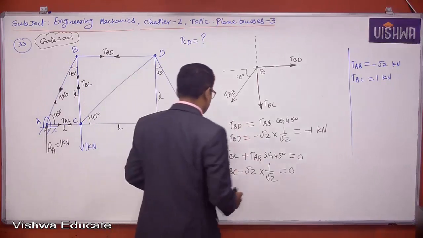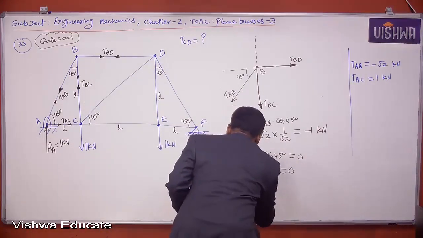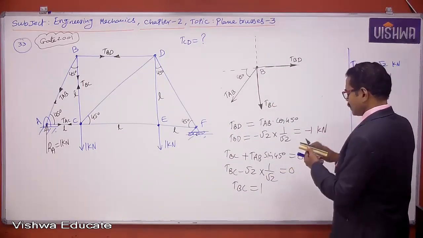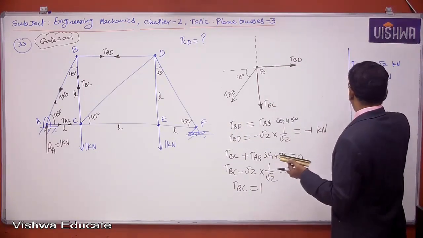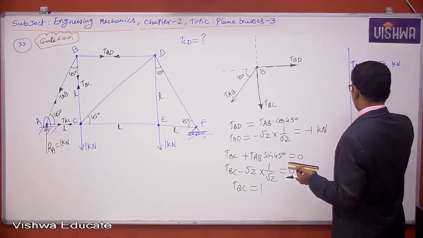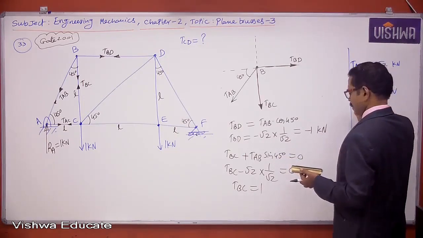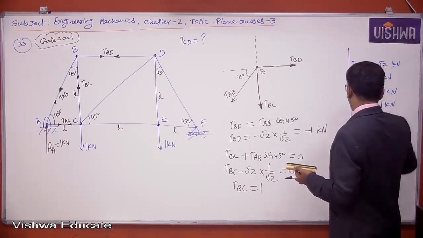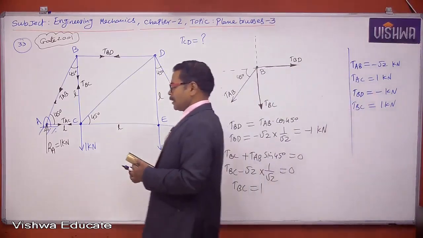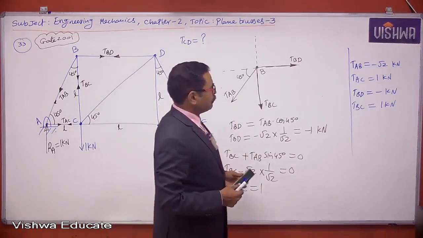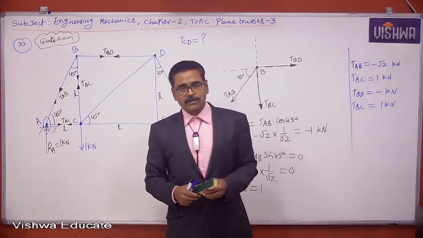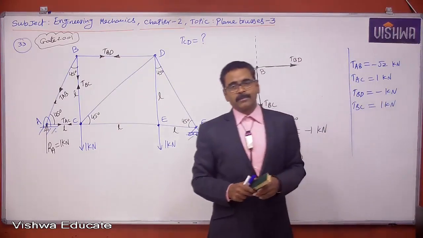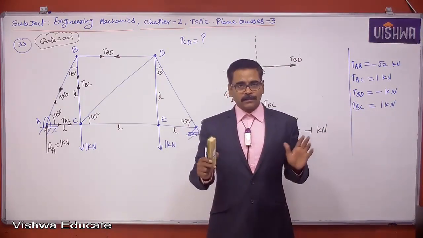I'm bringing minus 1 to the other side, so it becomes 1. So TBC is 1. So here we found another one. TBD is minus 1 kilonewton and TBC is equal to 1 kilonewton. You have to understand, since TBD is negative, member BD carries compressive force, not tensile force. And TBC is equal to 1 kilonewton, that means it is carrying tension.